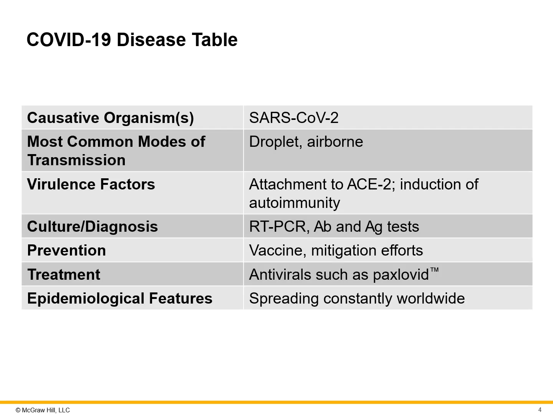Just a little summary table here, again, caused by that coronavirus, transmitted by droplets and airborne. Again, their virulence is that they can attach to those ACE2 proteins, and they can actually induce some autoimmunity. Of course, prevention, there's a COVID vaccine.